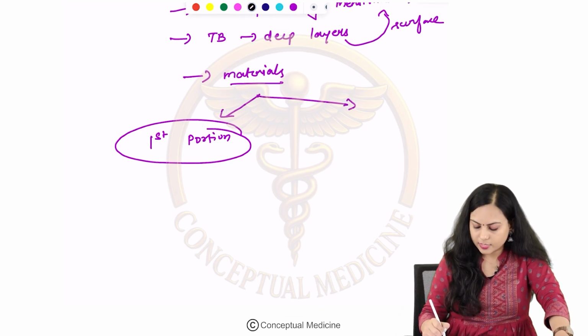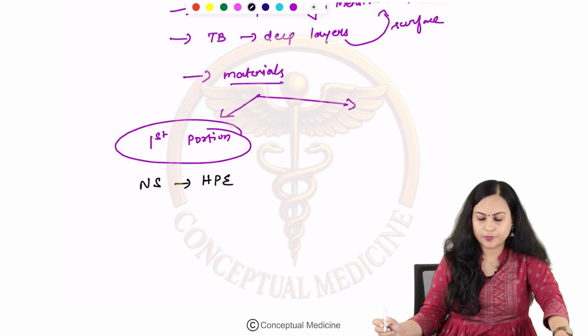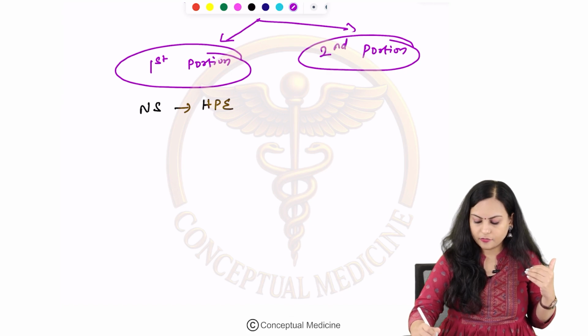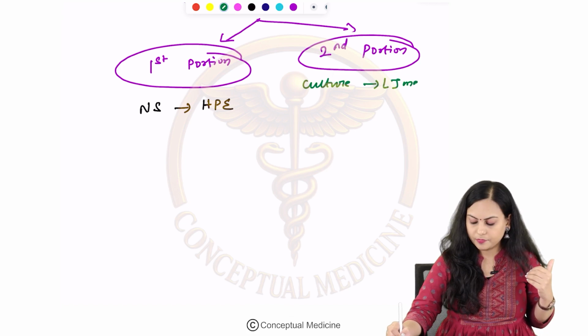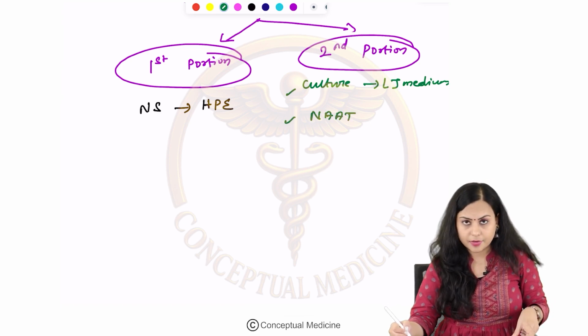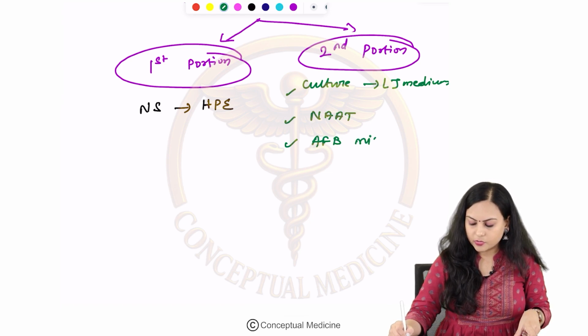First portion you have to send it in normal saline for histopathological examination. Second portion has to be taken for culture in the LJ medium. Then you have to take it for NAAT, that is nucleic acid amplification test. Then AFB microscopy using Ziehl-Neelsen stain.